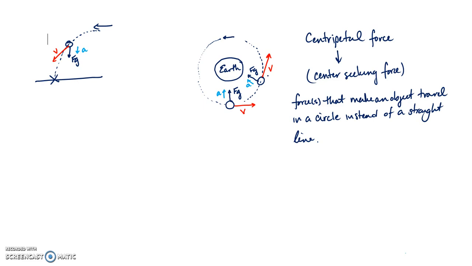Now, let's say, just for sake of argument, which is also known as reality, if the velocity is too great, then instead of being a perfect circle, you're going to see it starts to spiral out.